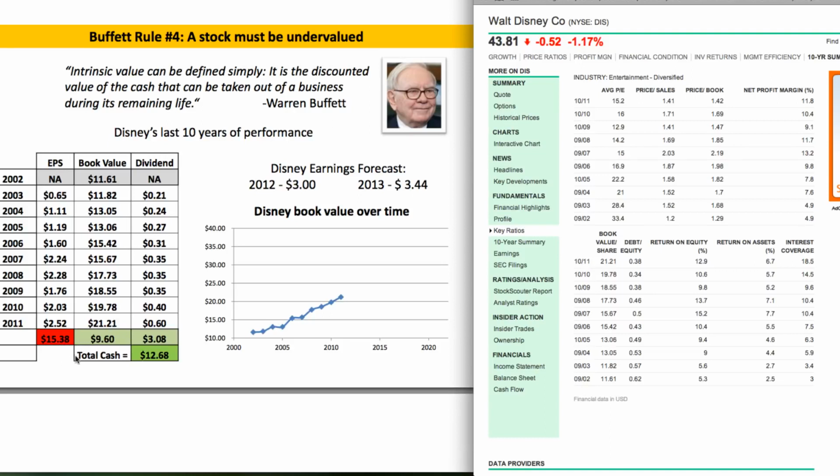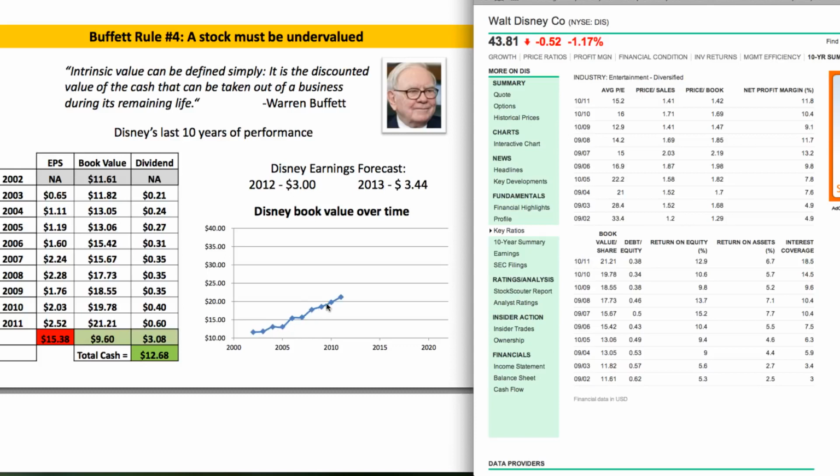Now, what that actually materialized into for the shareholder was $12.68. When we added up all those dividend payments and we summed how much the book value grew from 2002 to 2011, it was $9.60 and $3.08 for the dividends, and that totals $12.68.